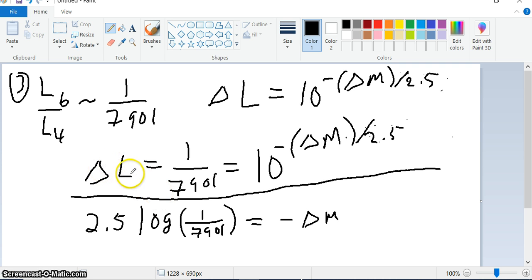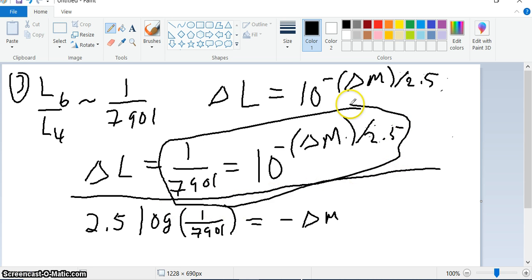So our change is 1 over 7,901, and that's going to equal 10 to the minus the change in the absolute magnitude, capital M is the absolute magnitude, divided by 2.5.